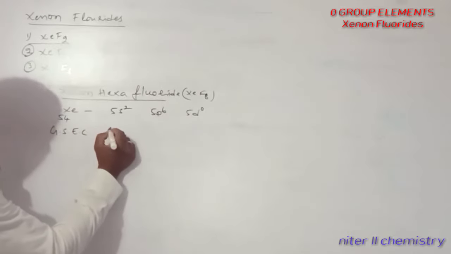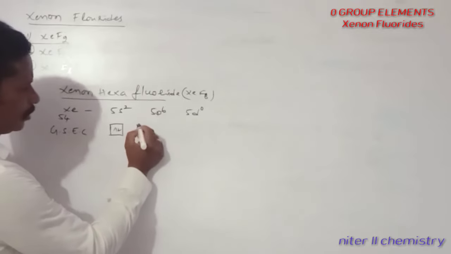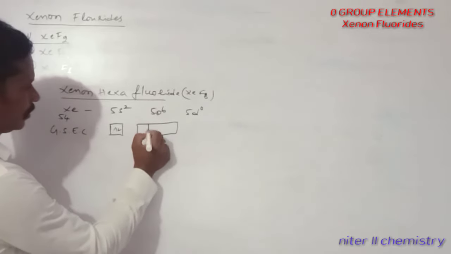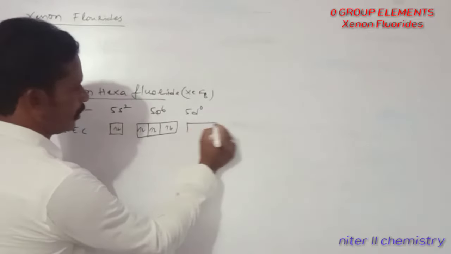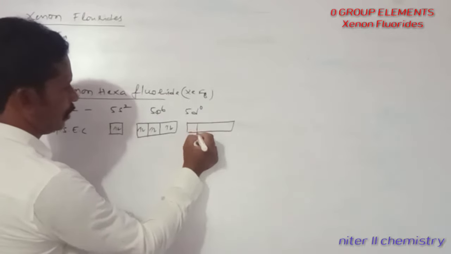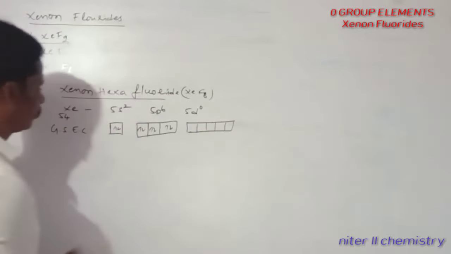So here 2 electrons are present in the s orbital. Same like that, 6 electrons are present in the p orbital. The d orbital is vacant, we know all these things.